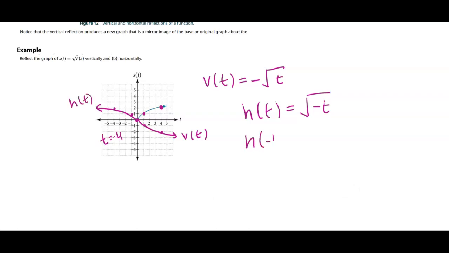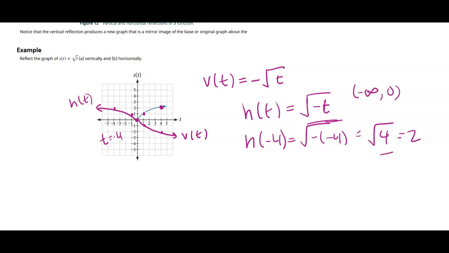So h of -4 is the square root of the negative of -4. Well, that now turns the inside positive, so I can take the square root there. That's the process you have to go through: my domain for this function h of t is actually the negatives, so that when I plug in negatives and then take the negative of that, I get positives that I can take the square roots of.